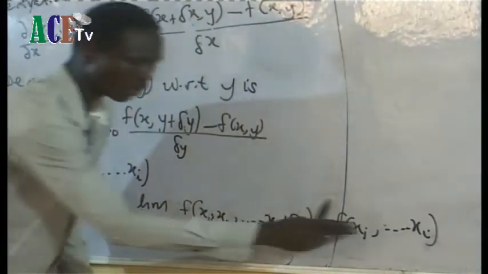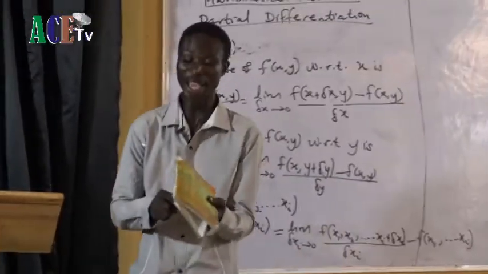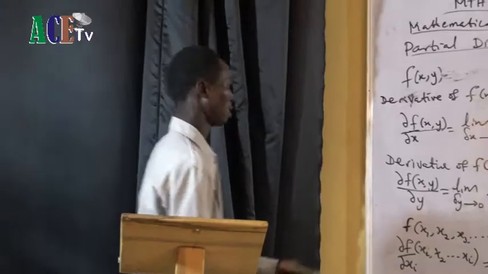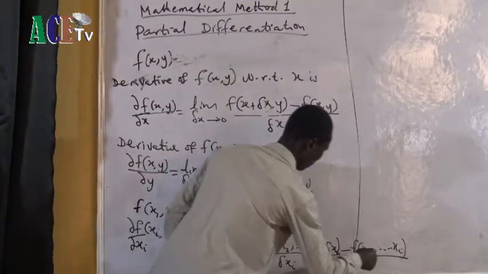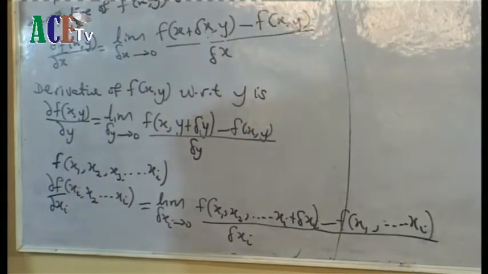So it will give me that one. That is if I have many functions there, it will give me that.